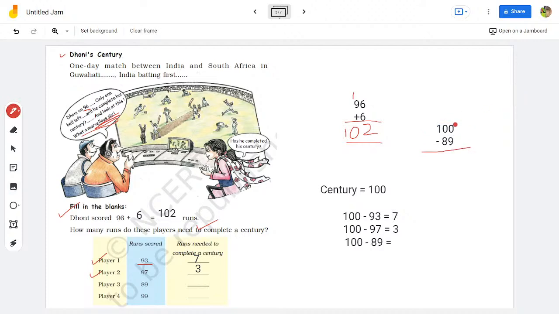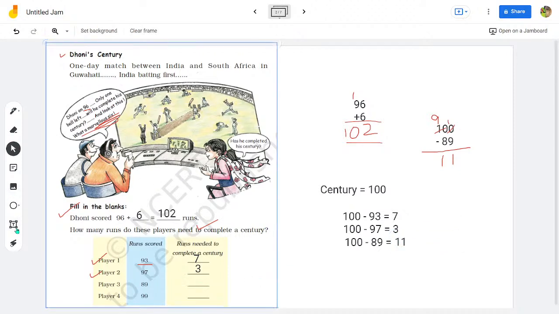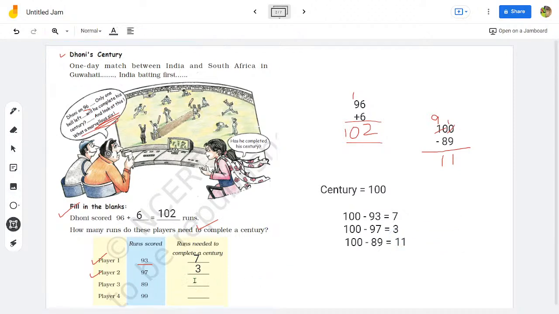So here we have a 10 and this is 9. So 10 minus 9 is 1 and 9 minus 8 is 1. So that means 11. So player 3 needs 11 more runs in order to complete his century.